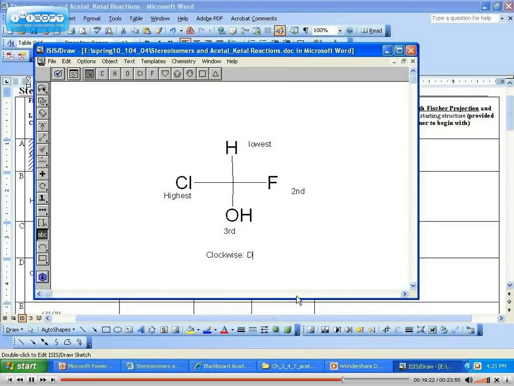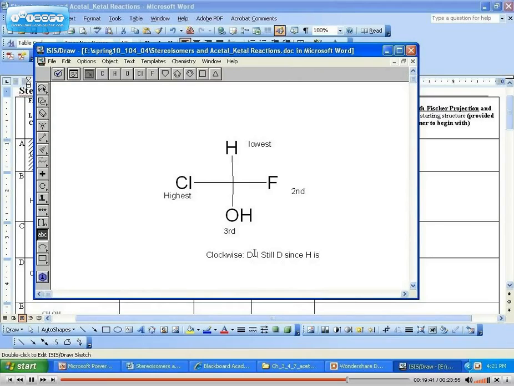In this case, it's going to be a dash, if I were to draw the wedge dash form for this particular Fisher projection, and therefore it remains D.